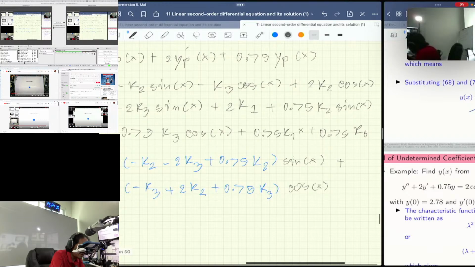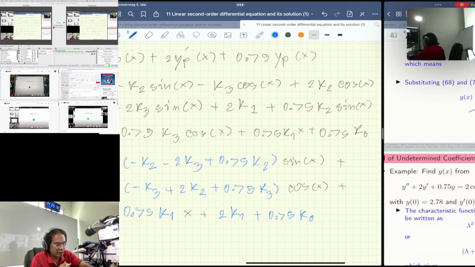And let's consider the x term. The x term we have here, of course, plus 0.75 k1 and then x, and the constant term will be 2k1 plus 0.75 k0.